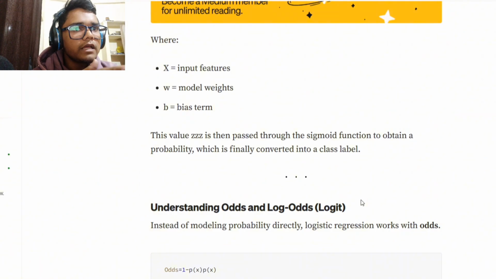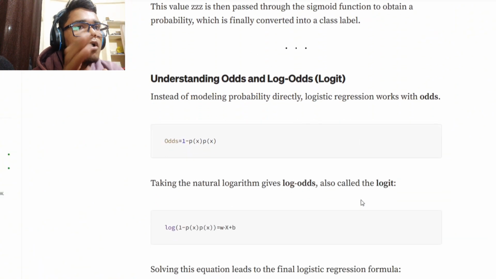The value z is then passed through the sigmoid function to obtain a probability, which is finally converted into a class label.